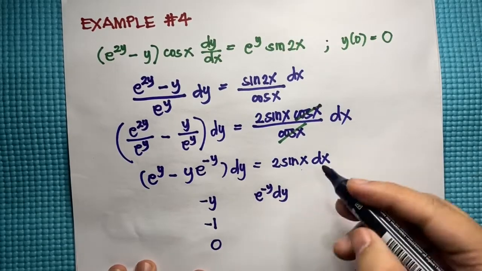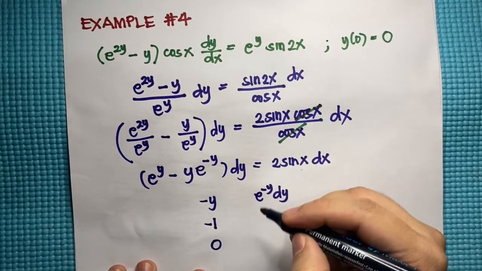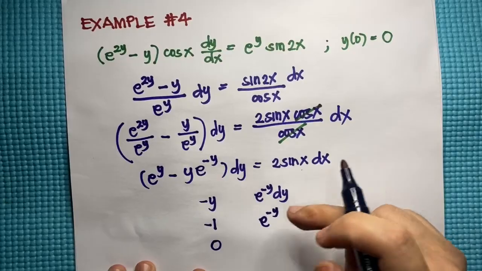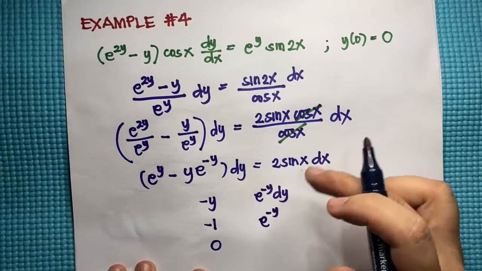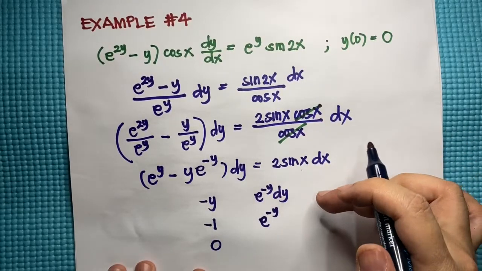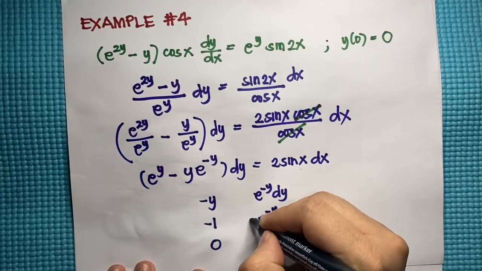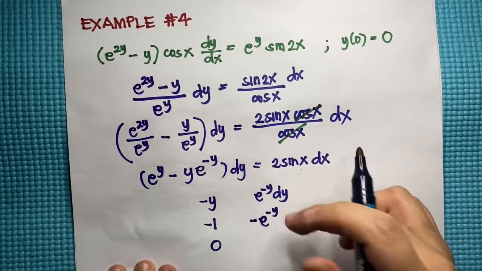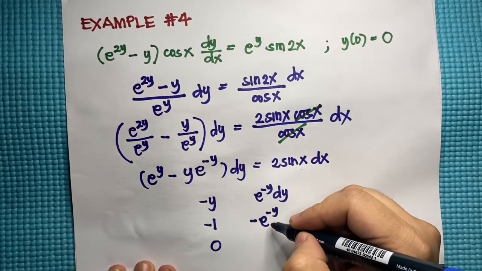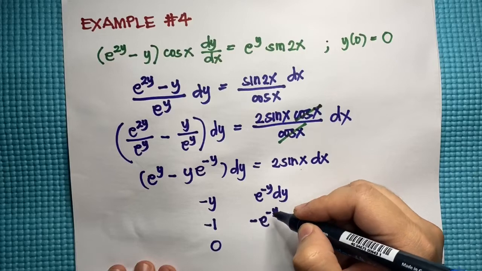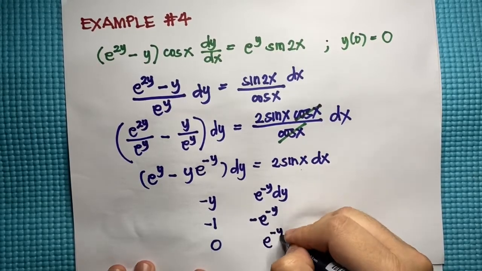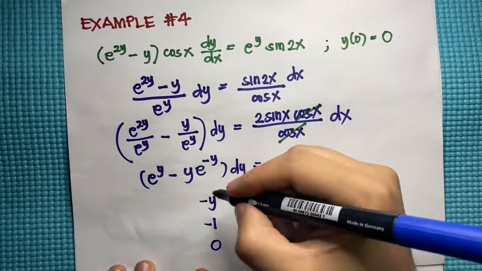Then the integral of e^(−y) would be e^(−y), but the derivative of negative y is negative dy, so we need a neutralizing factor of negative 1, giving us the integral as negative e^(−y). Similarly, the integral of negative e^(−y) would be e^(−y).